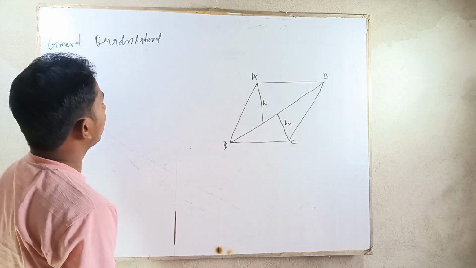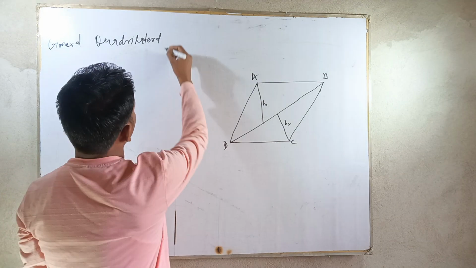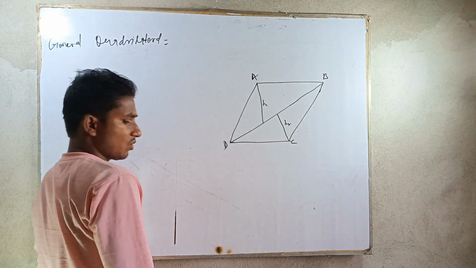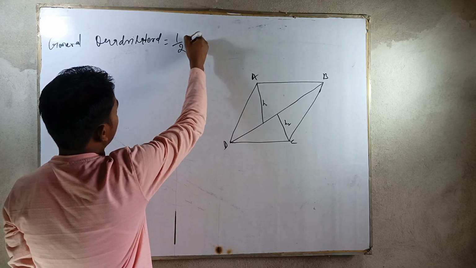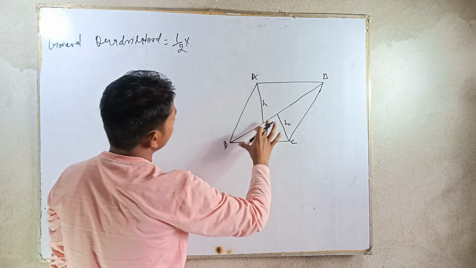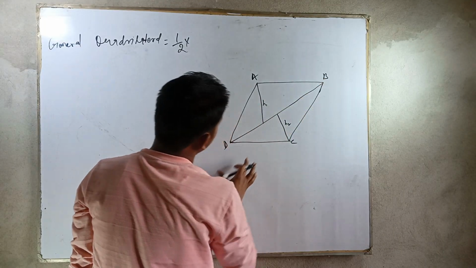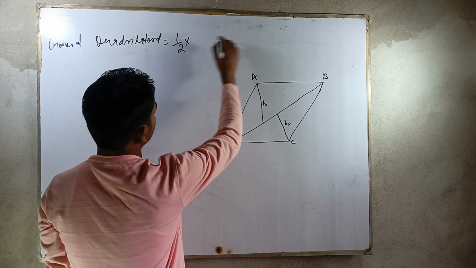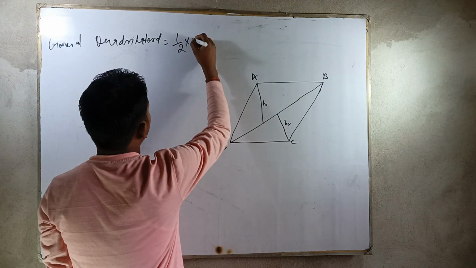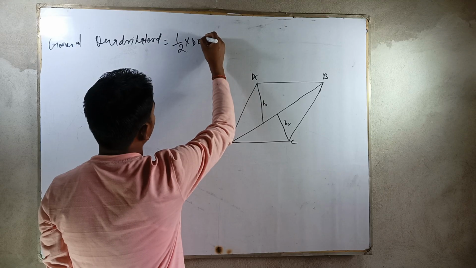So in a general quadrilateral, if I write 1 by 2, and this one is a diagonal, then the diagonal is DB, D and B.